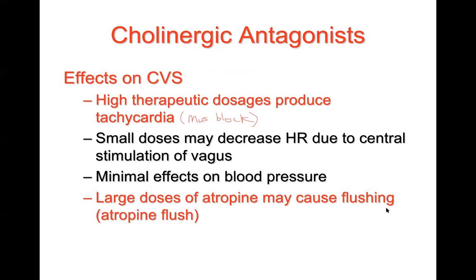They would also describe it as blind as a bat because of the dilation, which made it very difficult to see. And mad as a hatter, which is dealing with some of the central effects. That was a term used in medical schools a long time ago to describe toxicity to atropine.